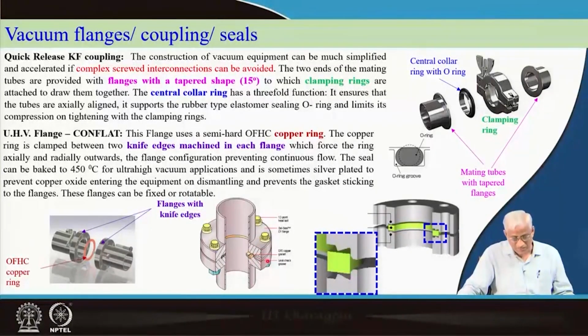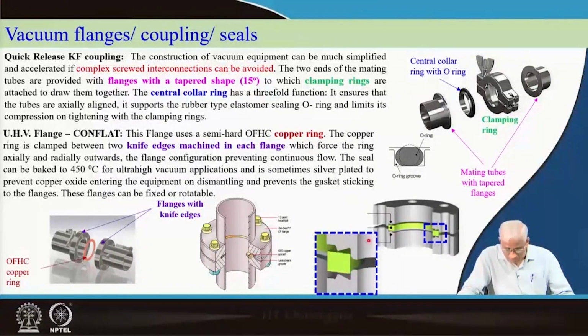So that cross leak from the atmosphere will not be there. And since all are metals here, it is an all metal seal, there will not be a degassing problem and you can bake such systems. And the same thing is shown in a zoomed way here. Okay. These are called conflat flanges, because if you carefully observe this portion here, it is like a cone type thing here and flat here.